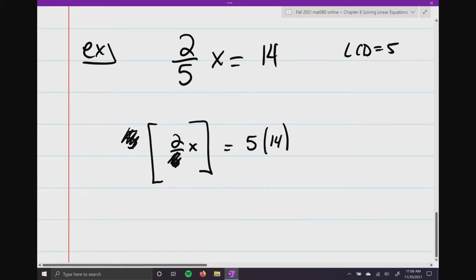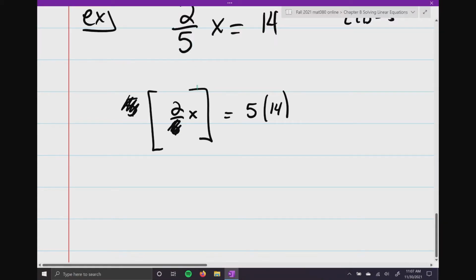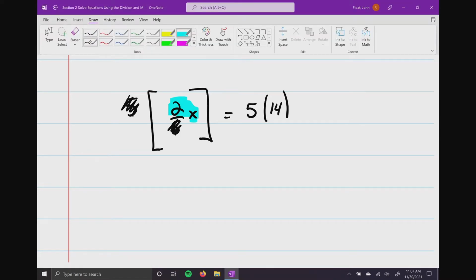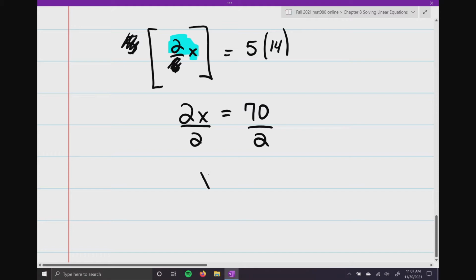And look what you're left over with. I'll highlight it here for us so you can see it. We're left over with this 2x. So I'm going to write 2x equals 5 times 14 is 70. So from here, I'm just going to divide both sides by 2 to give me x equals 35.